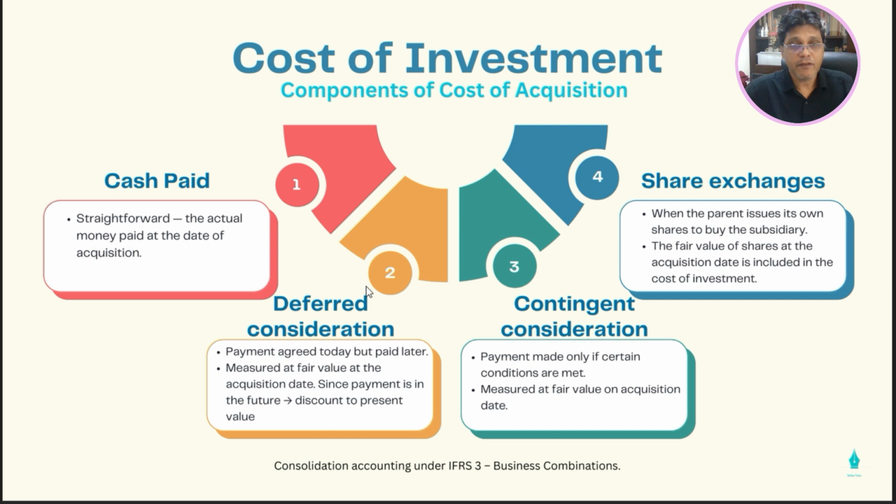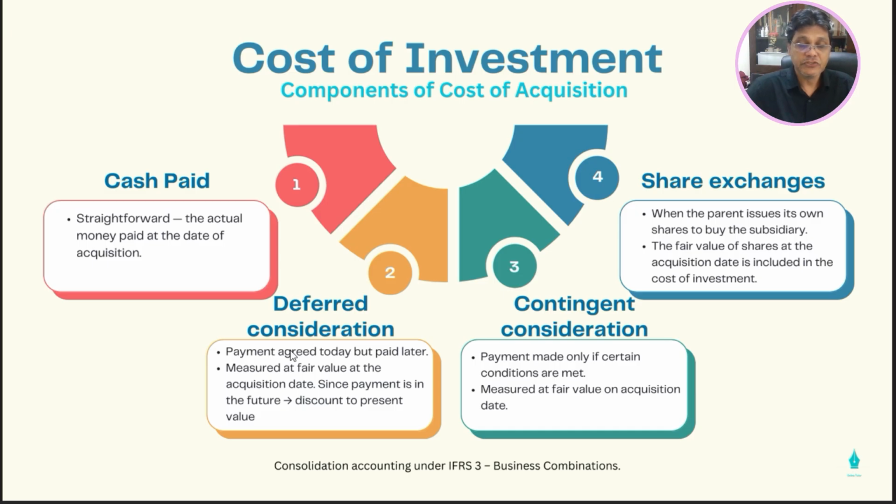Now the second possible way is deferred consideration. What does deferred consideration mean? Payment agreed today but paid later. This means there is no single cash payment. The cash payment will be staggered, or made in installments, maybe over 1 year, or 2 to 3 years.